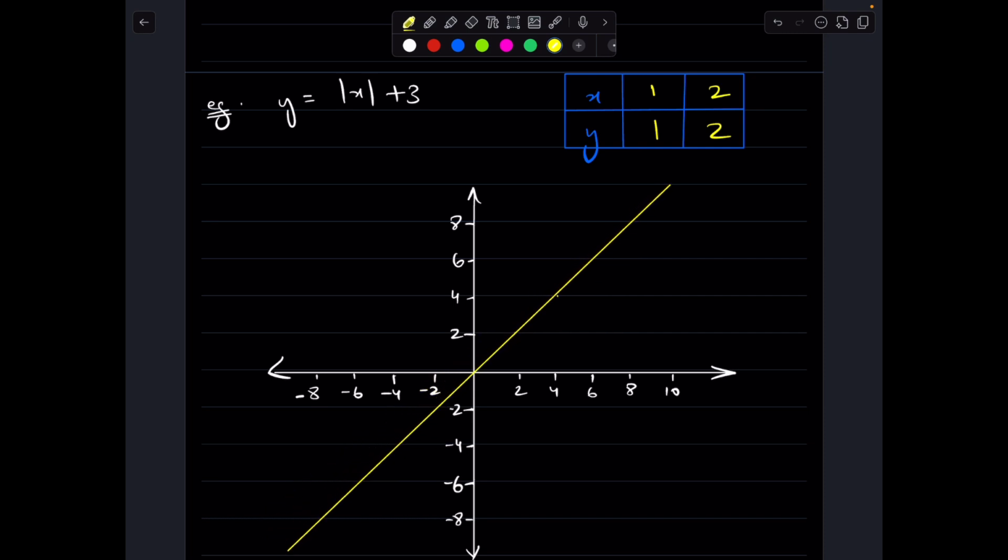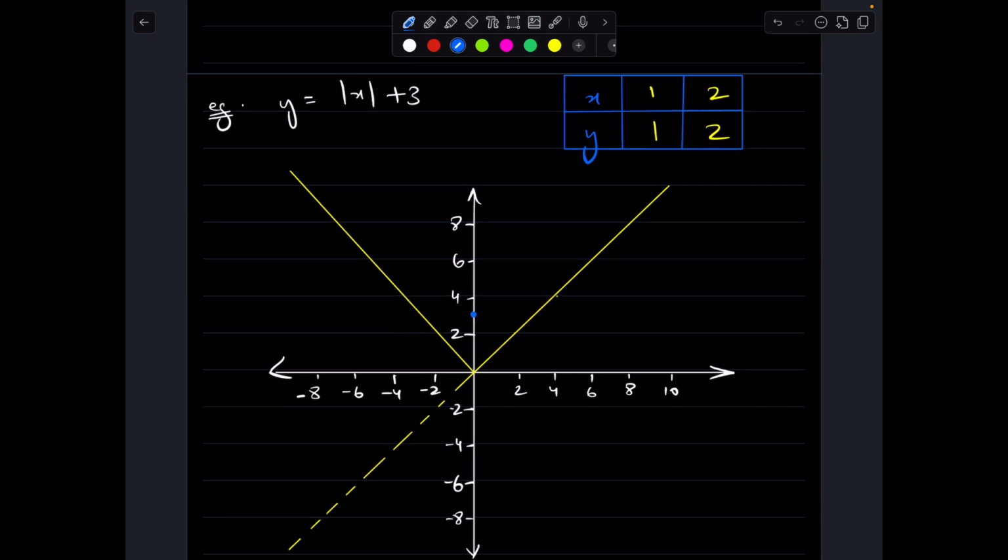And then apply the modulus. So this will look something like this. Make the graph below the x-axis dotted, so it would look something like this. And then shift the graph vertically upwards. This would be the final step, so it will shift vertically upwards.